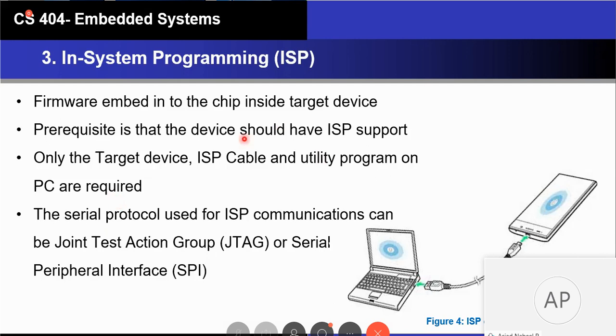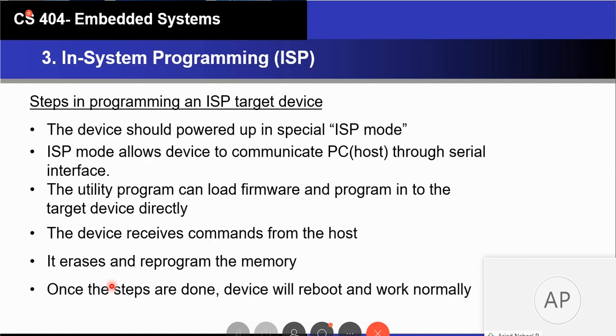As for protocol support, as we discussed in the prerequisite, the two commonly used protocols are the Joint Test Action Group JTAG protocol and the Serial Peripheral Interface protocol. Now let us see the steps involved in programming an ISP target device. As discussed, the device will have ISP support.